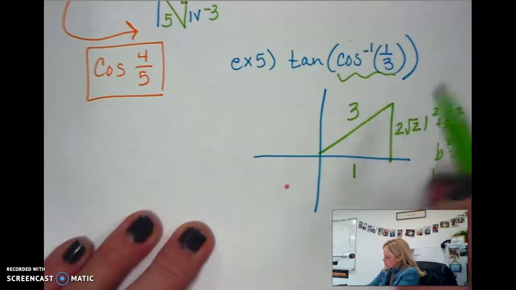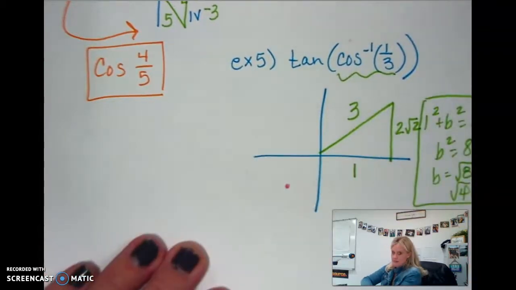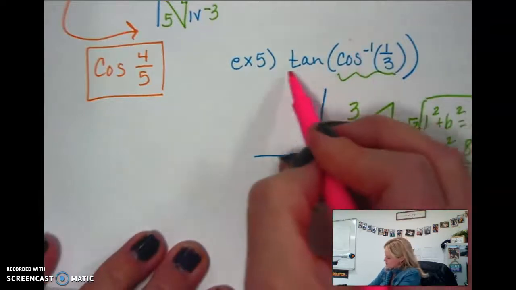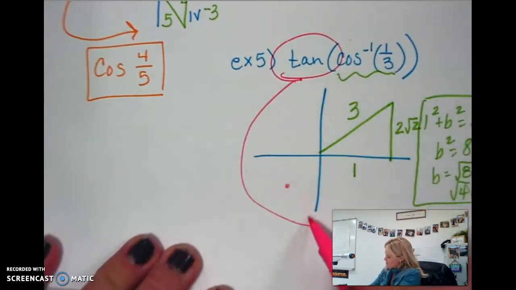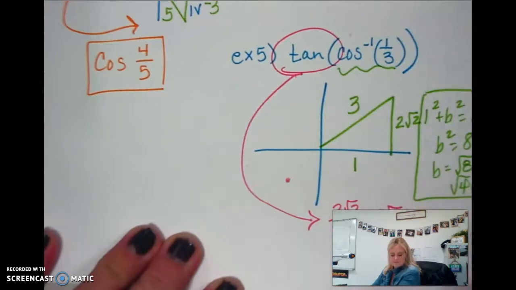Now that I have my triangle complete, I can answer the question. They are asking me to find the tangent of this function. Tangent is opposite over adjacent, or 2 square roots of 2.